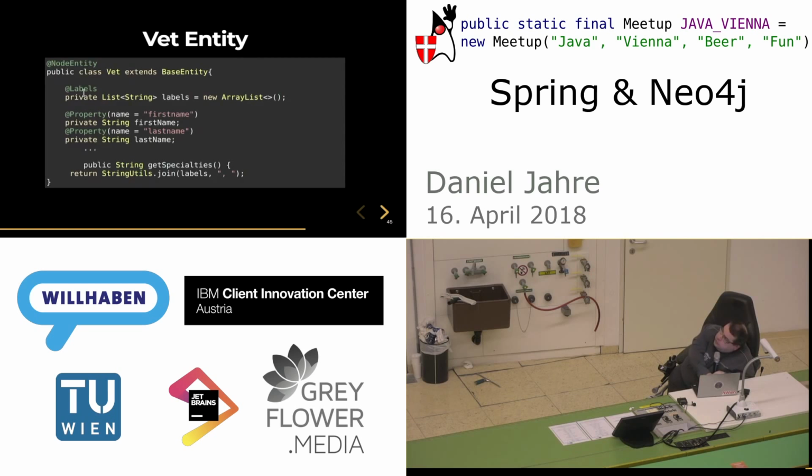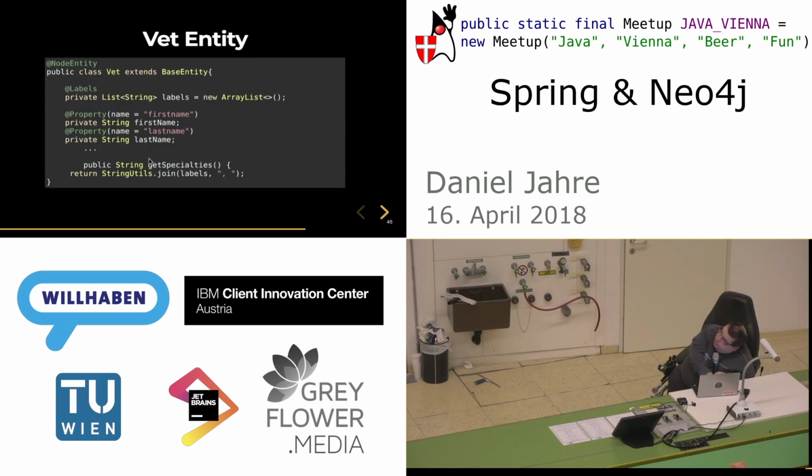And I can also annotate the properties with the name that are in the graph. The pet clinic frontend is insisting on camel case variables, but I do not like to have camel case variables in my graph, so I annotated the name otherwise. If the name of the property is matching the name of the variable, I can leave out the property annotation.